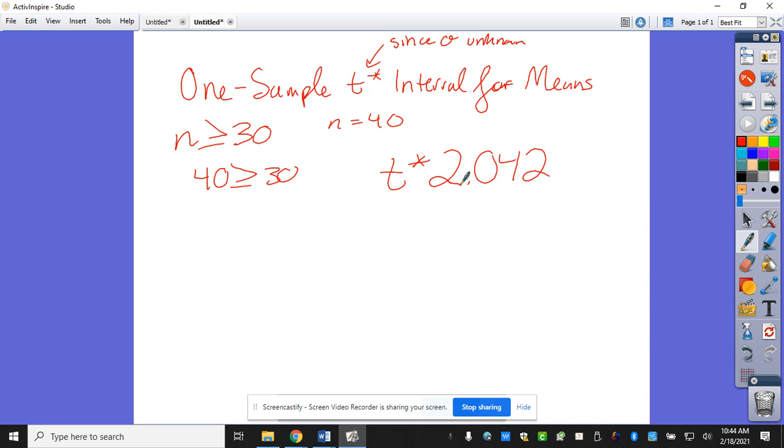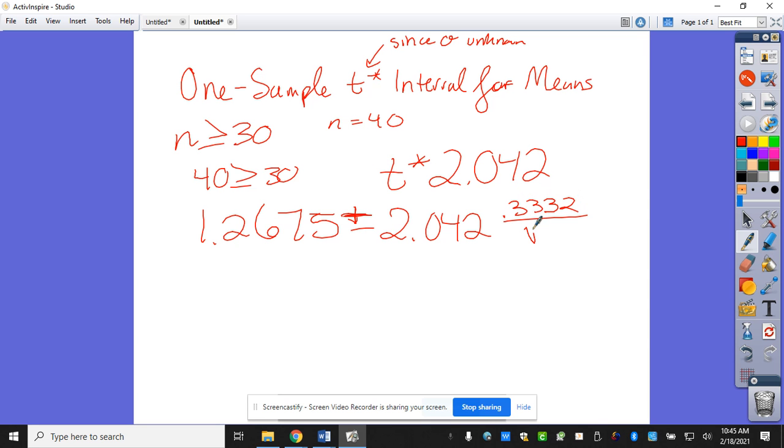So our x bar is 1.2675. Our T is 2.042. Our S is 0.3332. And our n is 40. Plugged in, and I'm skipping some steps so we don't have to go over the whole thing, it's plus or minus 2.042 times 0.3332 over square root 40.